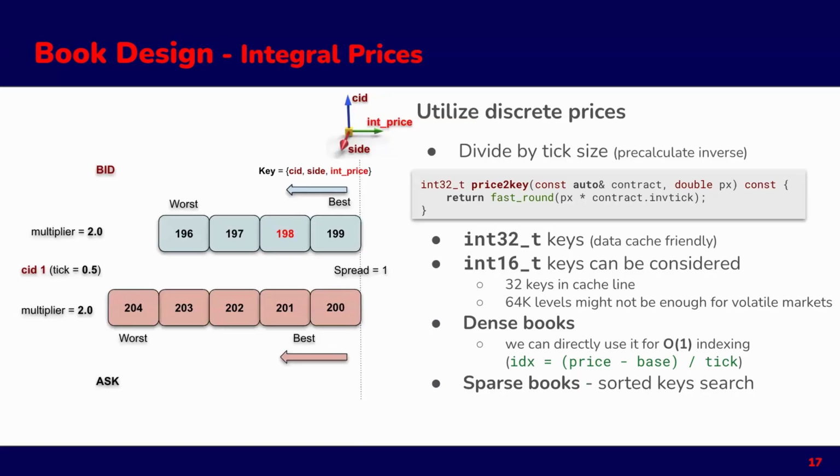So a more general approach is to maintain just non-empty levels, and then we cannot use the direct indexing, but the prices are sorted, so we can look up with binary search or sequentially.